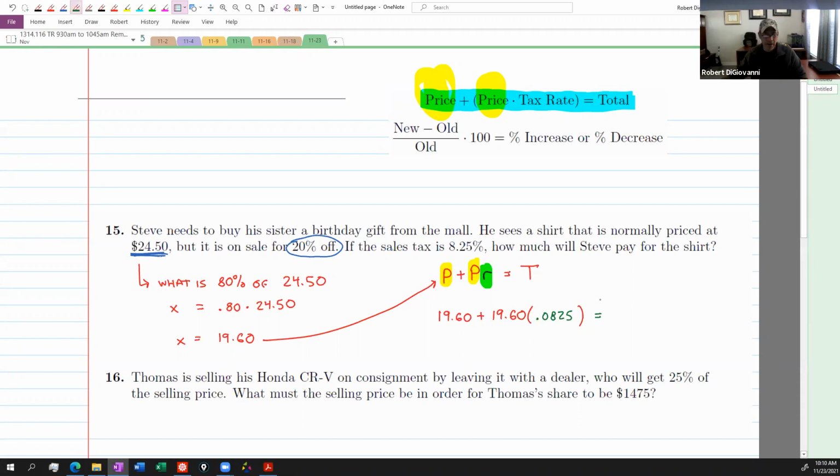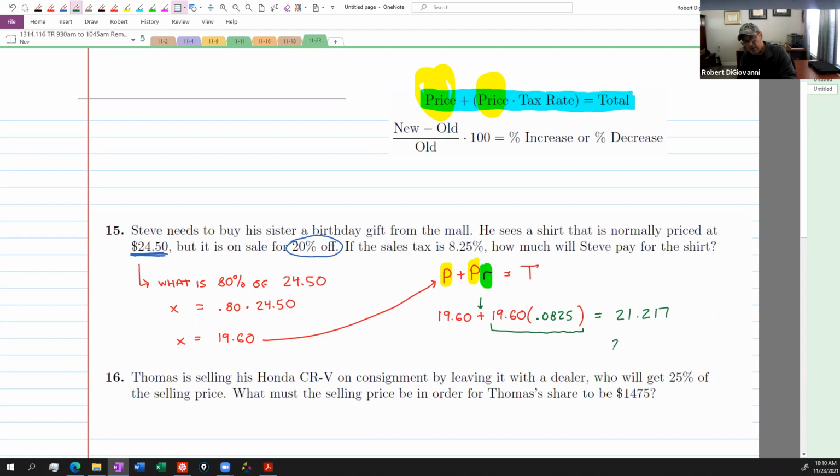So I'm just going to get my calculator. Now be careful. You have to do this first. That's multiplication. It comes before the addition, right? So I'm going to do on my calculator 19.60 plus 19.60 times 0.0825. I get 21.217.